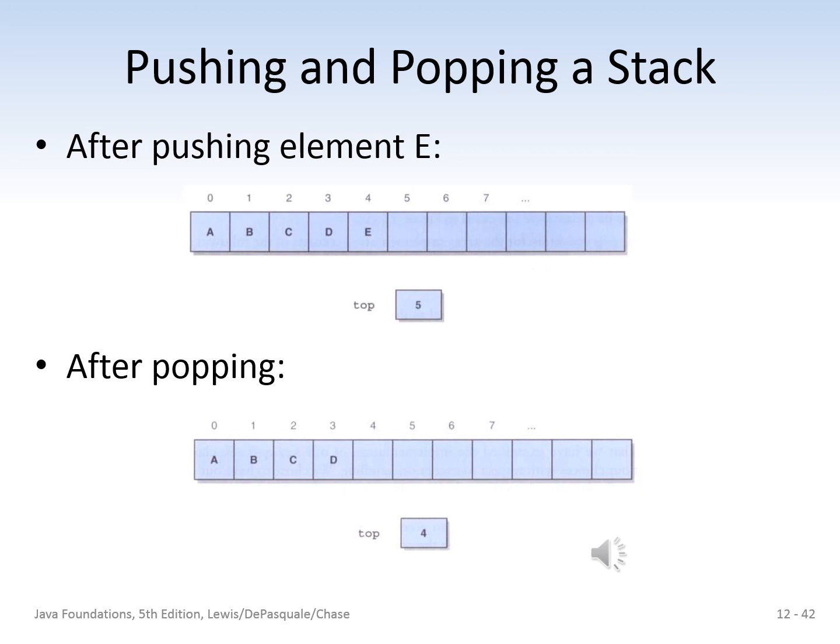After we push element E onto the top of the stack, the pointer top now points to index 5 in the array, which is the underlying structure of this stack. And there's E at 4.